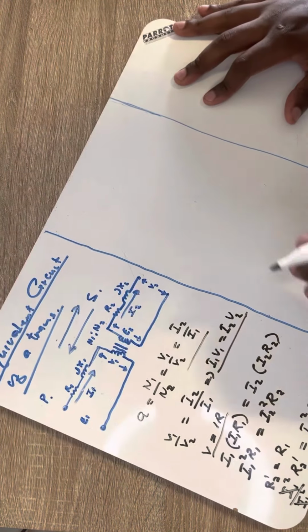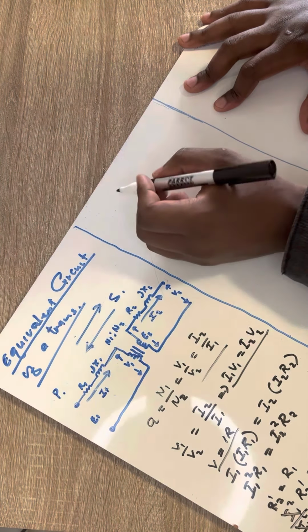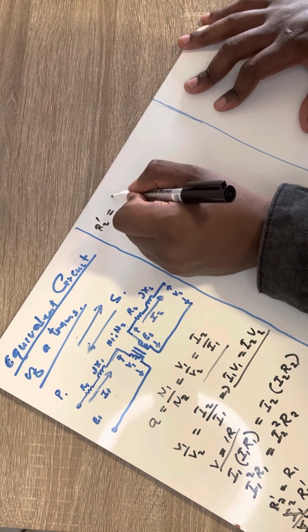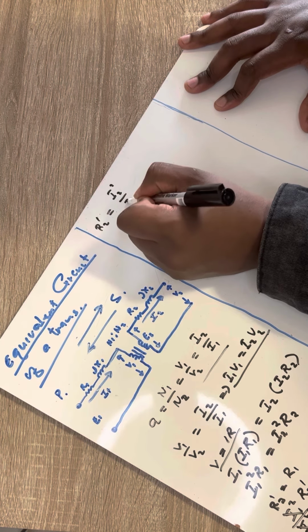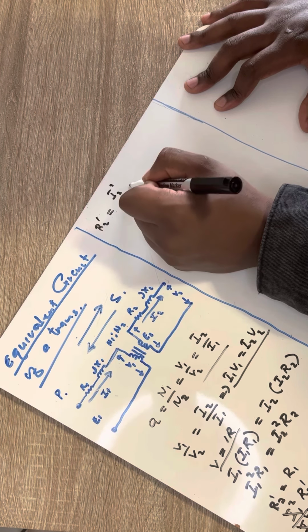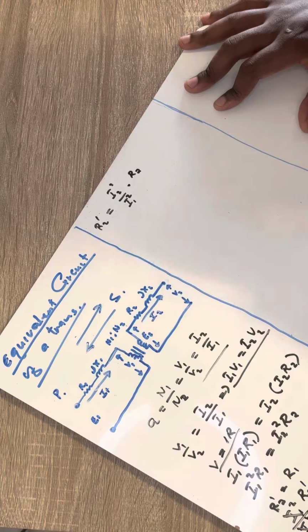So we will have R2 prime equals I2 squared divided by I1 squared, multiplied by R2, right?